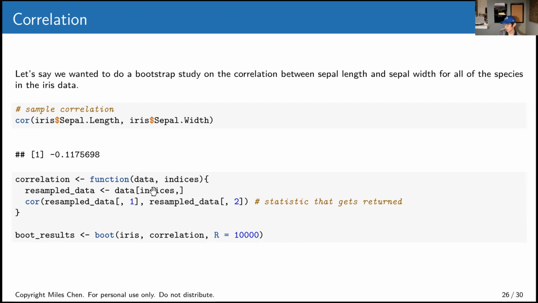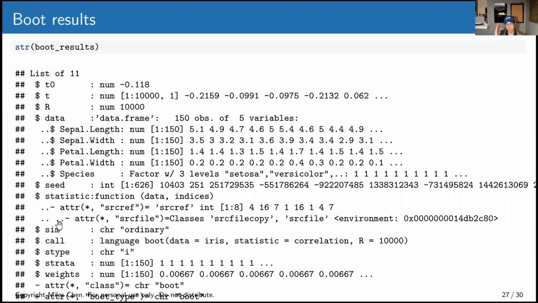And we're going to say, well, what kind of correlation can I get? We're going to just take the first column and the second column of our resampled data set, calculate the correlation, and return that. We're going to just see what kind of variation I can get from the correlation. Do I ever get a positive correlation?